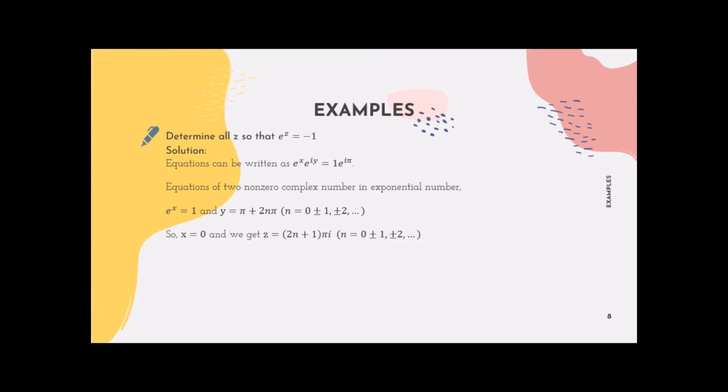So x equal to 0, and we get z equal to (2n plus 1) pi i for n equal to 0, plus minus 1 and so on.